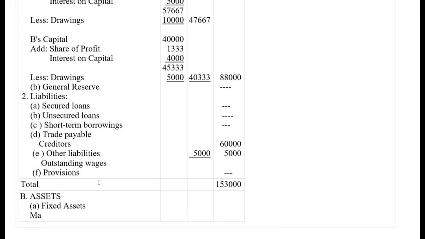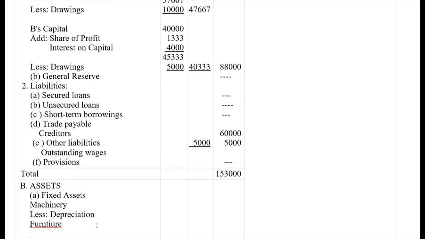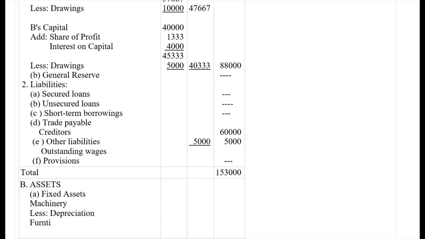In this case we have got machinery, less depreciation, then furniture, less depreciation. So now let's fill the values of the same here.